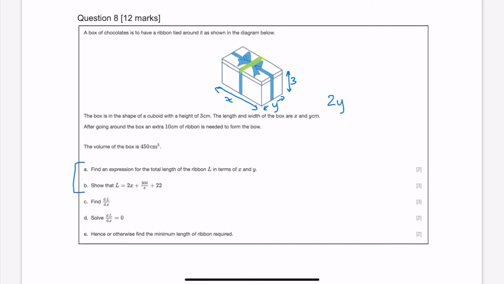And if I just highlight those to show that I've got them, and I've got the base one. And then I have 2 lots of the 3, and another lot of 3, and another lot of 3. Okay, so I've got 4 times 3. And then I have the one across the top, which is X, and the one across here, which is also X. So when I simplify that, I have 2X, 2Y, and 12.